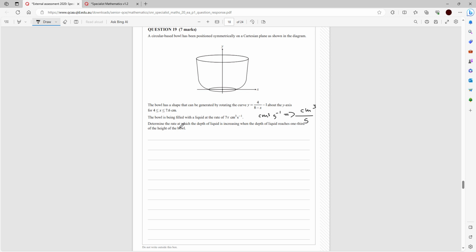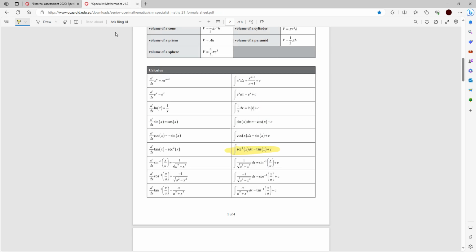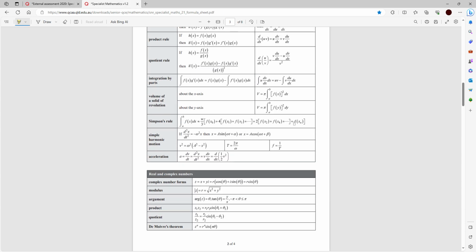So when you hear rotating about the curve, about the y-axis, go straight to your formula sheet, to your volume of revolution. Go straight to this section and write this formula down. You will get a mark if you write this down.